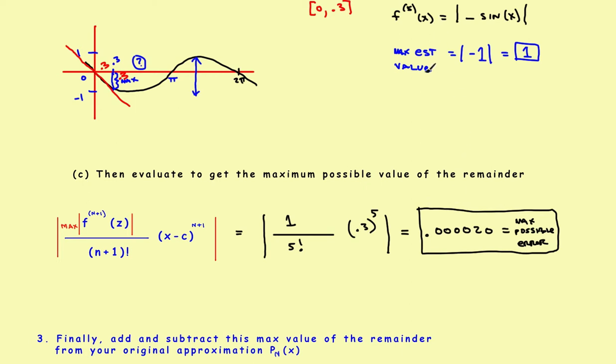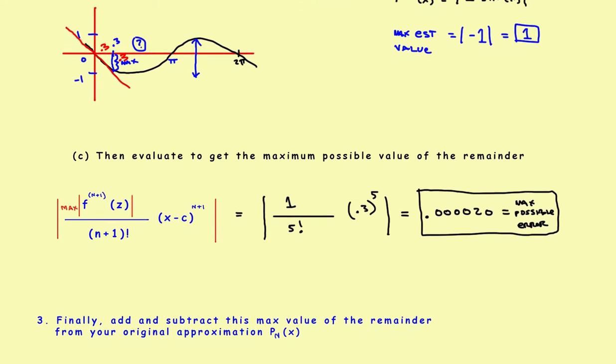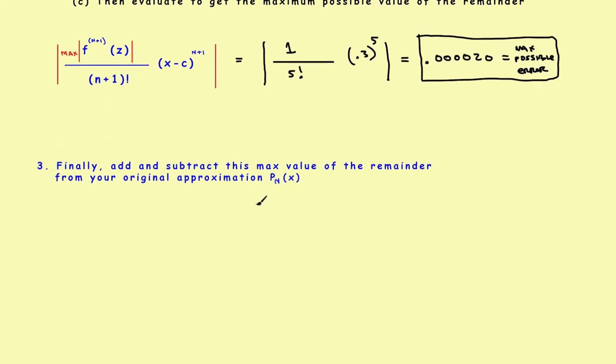So you found the approximation, you found the possible error. Now the next step is to figure out the range that this thing falls in. So let's take a look at that. What that's going to be, and we'll write it down like this: you're going to have some f of x, and f of x is going to be less than or equal to your polynomial approximation plus the maximum error, and it's got to be greater than or equal to the polynomial approximation minus the maximum error.